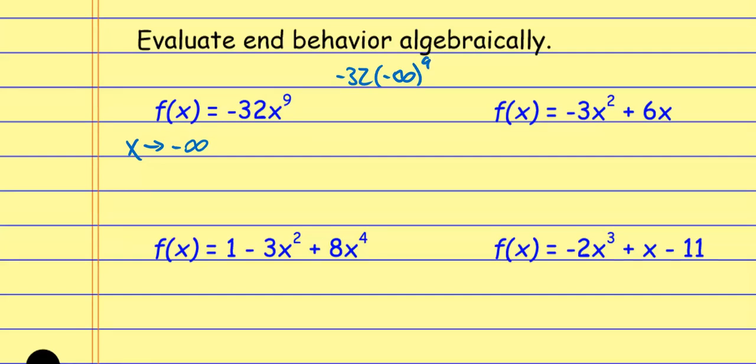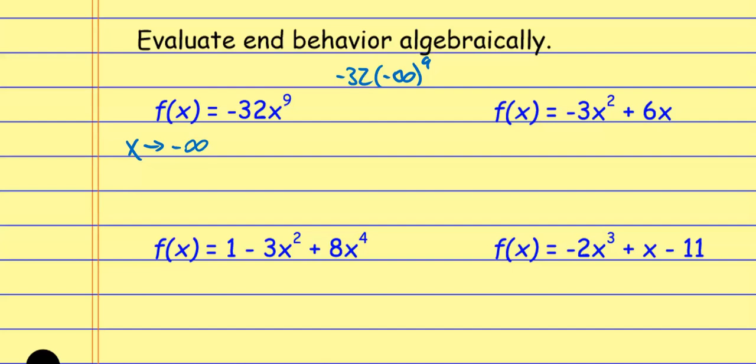But again, to evaluate this, I just ask myself, if I have a negative value raised to the 9th power, well, it gives me a negative value. And if I have a negative 1 to the 9th power, it'd be a negative 1, okay? But if I had a negative 5 to the 9th power, it would give me a larger negative number. If I had negative 10 to the ninth power, it would give me an even bigger negative number.